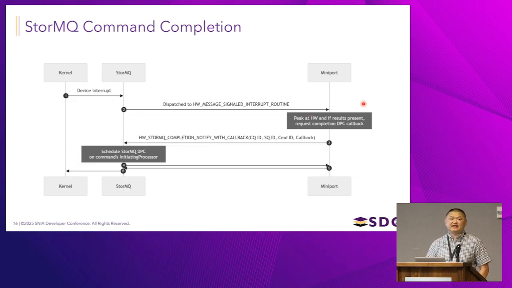Within the miniport's interrupt service routine, it will look at the hardware to see, do I have a completed request or not? And if the miniport has detected any completed request, it will then call back into STORE-MQ to ask it to please schedule a deferred procedure call on the command's initiating processor.